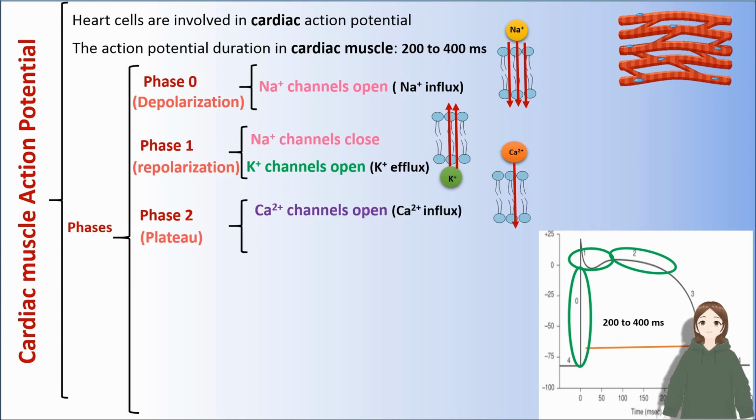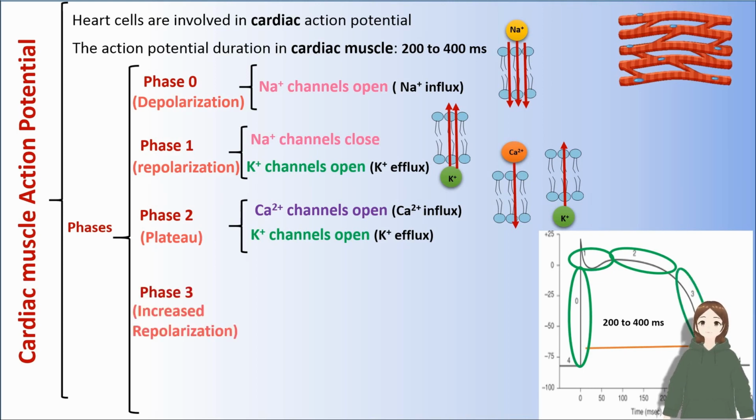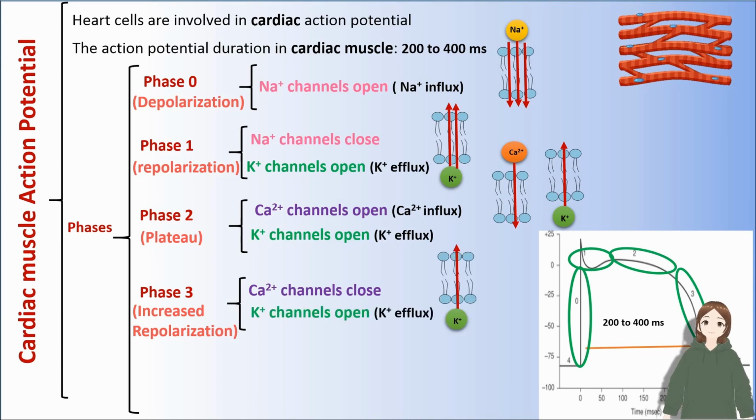In this phase, calcium channels open and potassium channels open too. Phase 3 or increased repolarization. In this phase, calcium channels close, but potassium channels open.